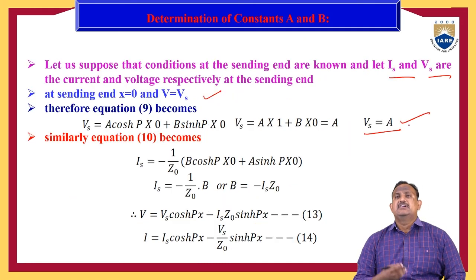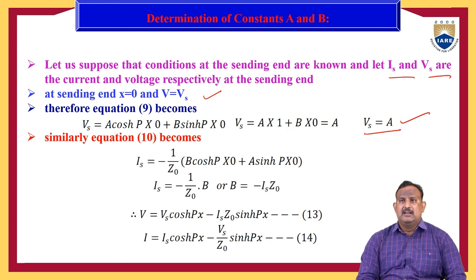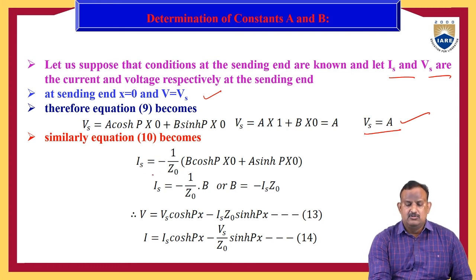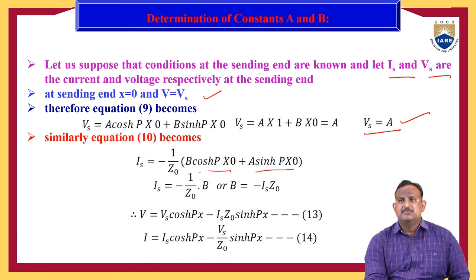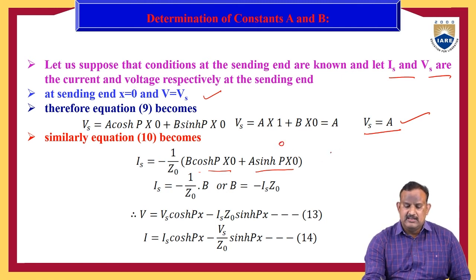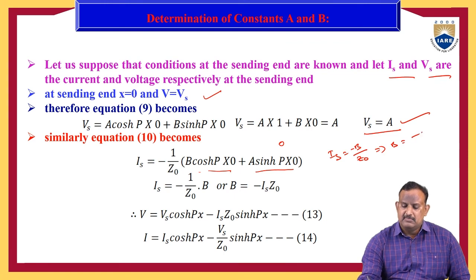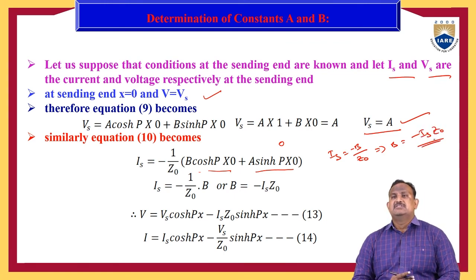Similarly, if you substitute the same values in the current expression, we have current Is is equal to −1/Z0 into [B cosh px (at x equal to 0) plus A sinh px (at x equal to 0)]. Sinh 0 is 0 and cosh 0 is 1. Therefore, Is is equal to −B/Z0, or B is equal to −Is Z0.